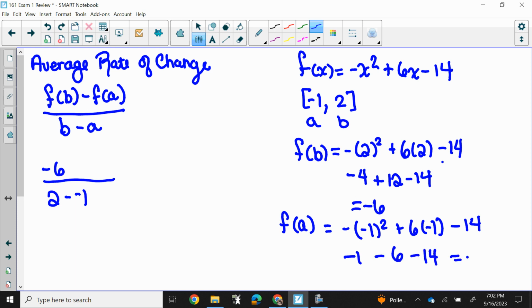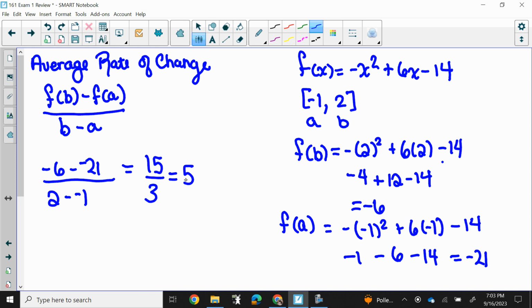So that's equal to negative 21. So it's minus negative 21, so I get plus 21. What is that? Negative 15, or 15, I'm sorry, 15 divided by 3, which is 5. Okay, and that's your average rate of change.